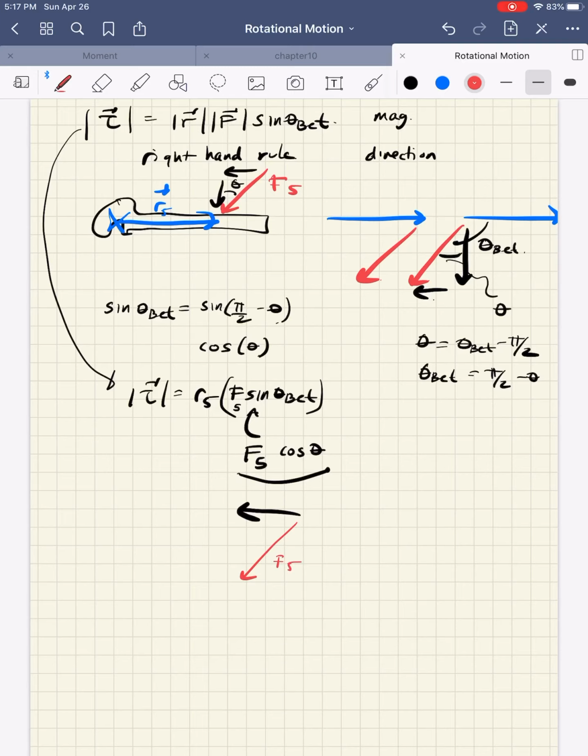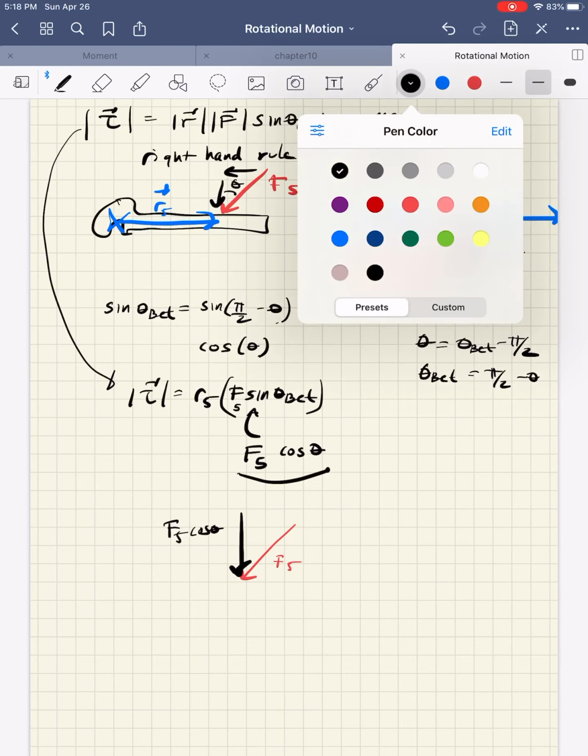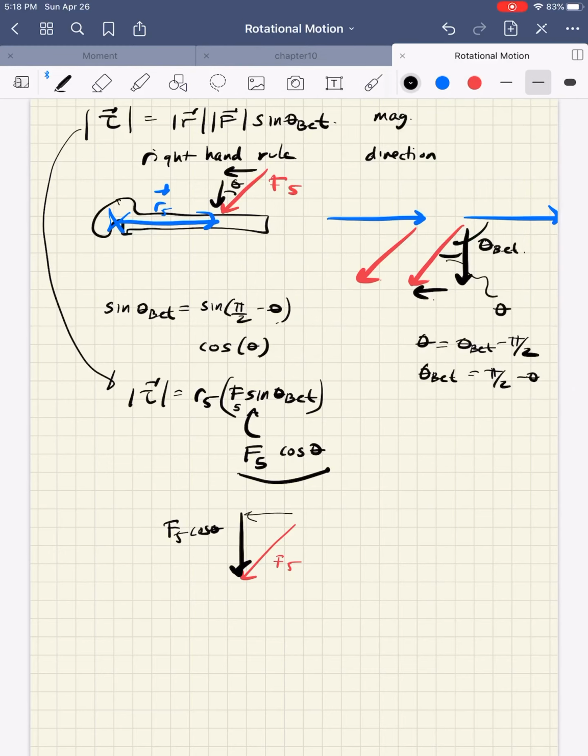Here's my F5. It is literally, opposite of what I said, picking out this component, right? This is F5 cosine theta. Not this one, right? This one is F5 sine of theta.